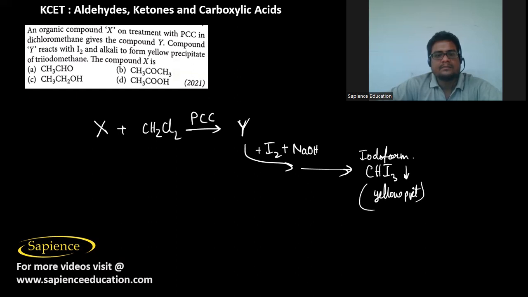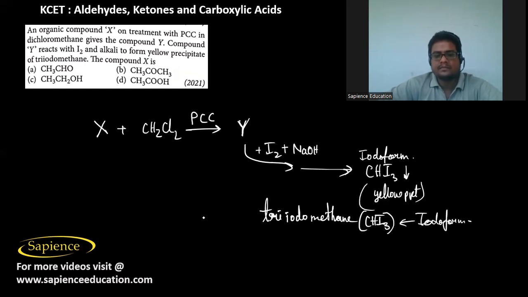It forms a yellow precipitate of triiodomethane, which is CHI3, and it is also called iodoform. Then the compound X is to be found.